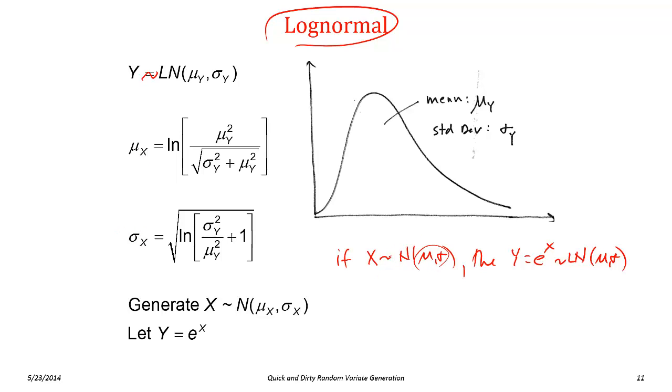So our sampling procedure is to take mu y and sigma y and then compute mu x and sigma x. Then using mu x and sigma x, we will generate our x values, which are normally distributed. So we can use any method that we have to generate these normally distributed random variates, and then we'll use this y equals e to the x to achieve our log-normal distribution.